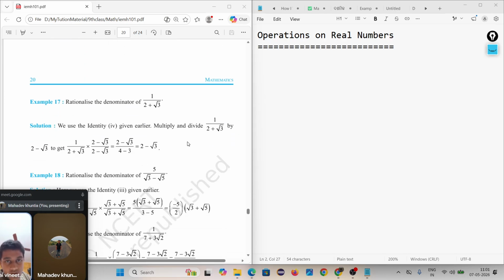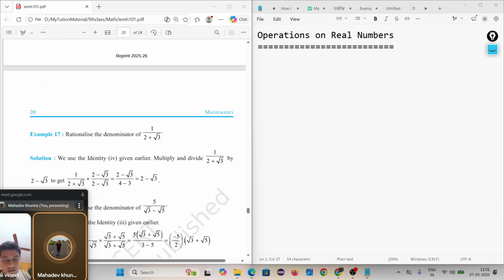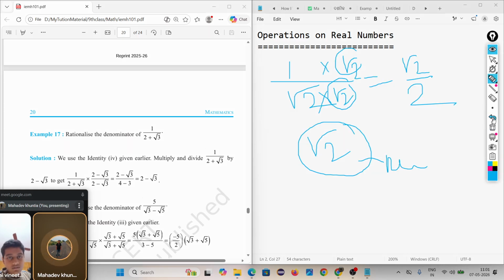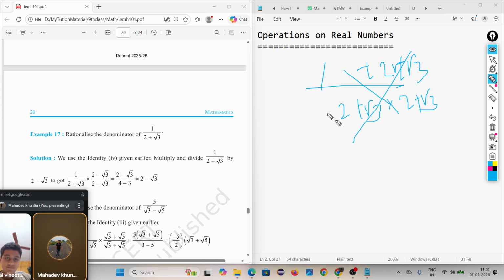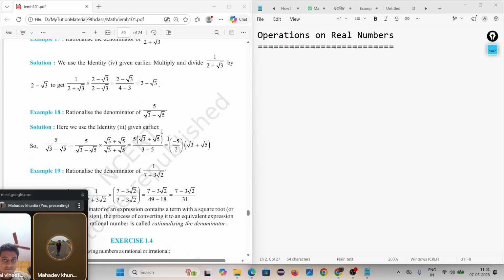Tomorrow I'll discuss this. Here something interesting comes. It is not like that for 1 upon 2 plus root 3. According to the above rule, you could multiply by 2 plus root 3, but here you will get a wrong result. How to do this, I will discuss in the next class.